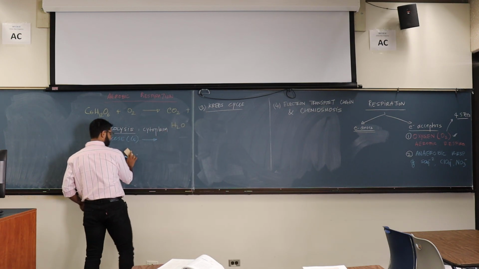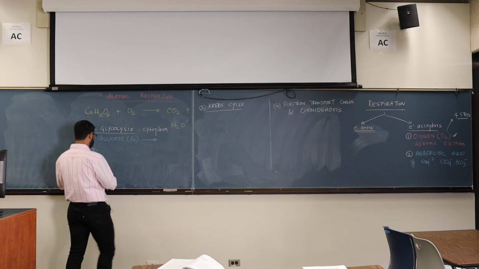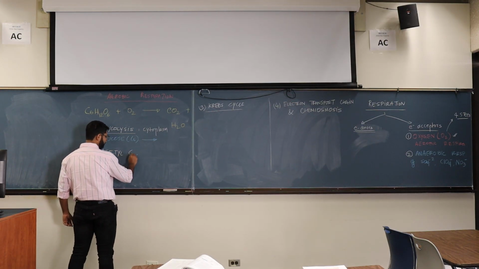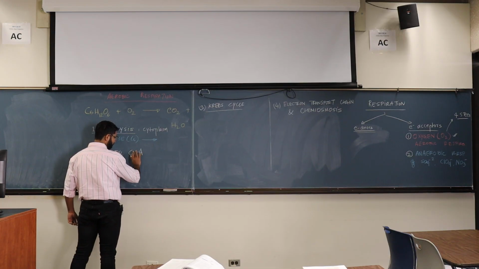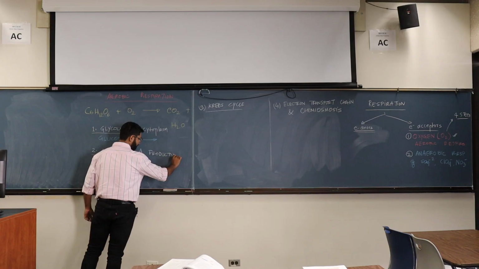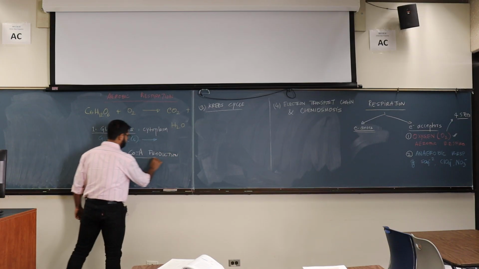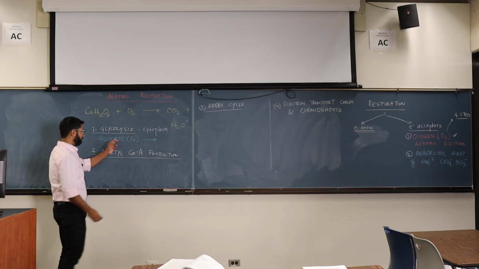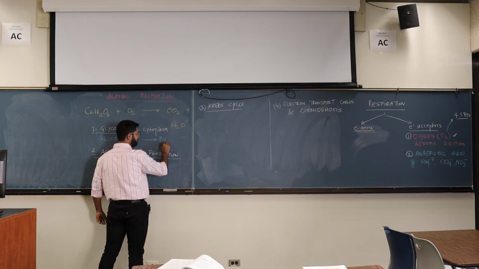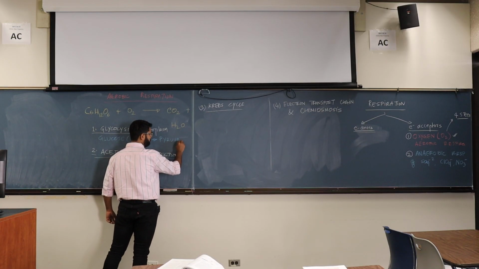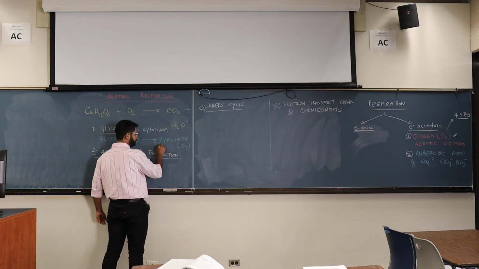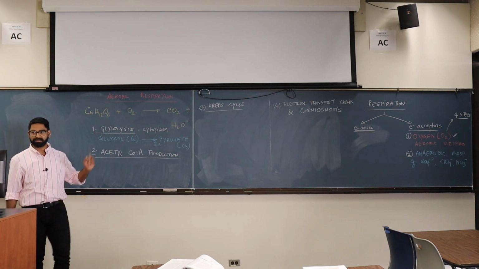So here I made a mistake. This is acetyl-CoA production from the pyruvate. So glucose is a C6, it produces pyruvate. This is a C3. There are 2 pyruvates produced in this.